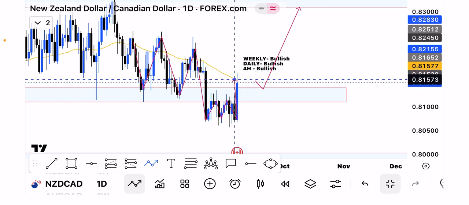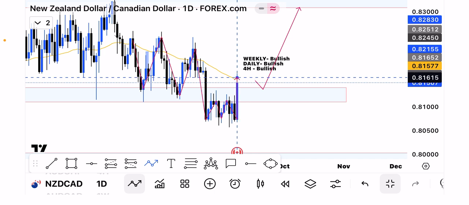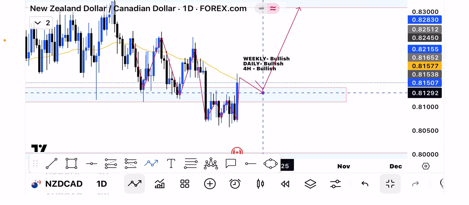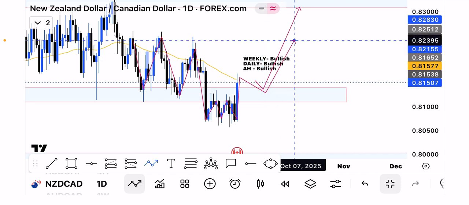So creating another new high there. So once the price retraces here and gives me an entry signal from the lower time frame, then I'll be looking to go long.